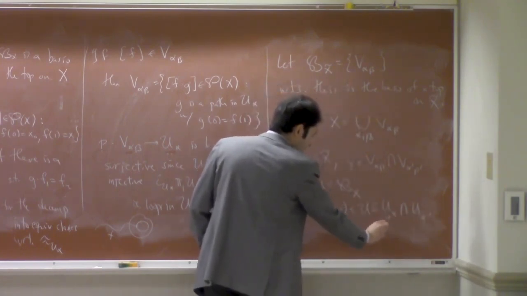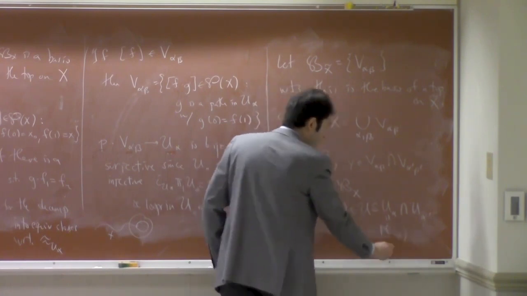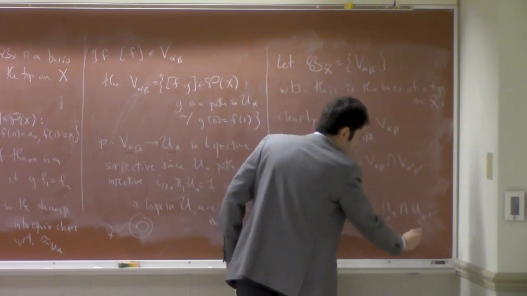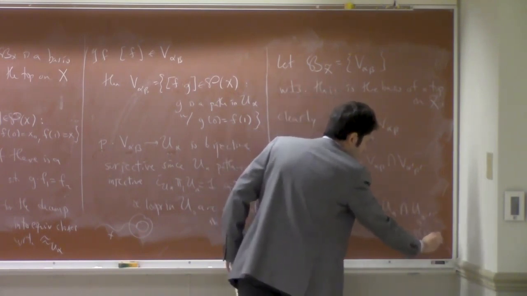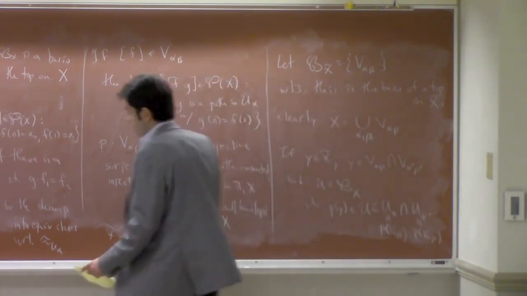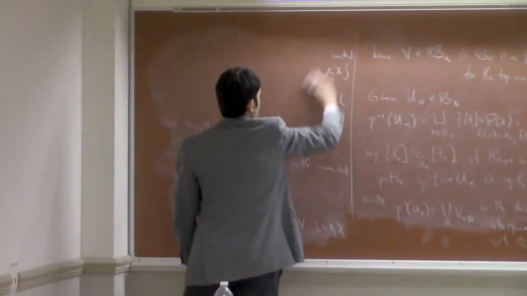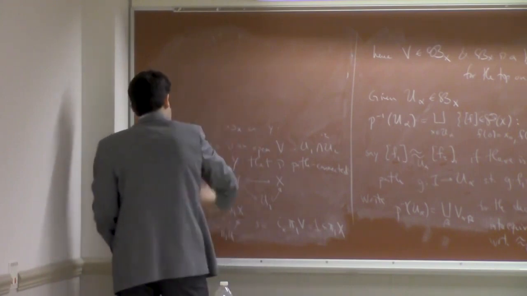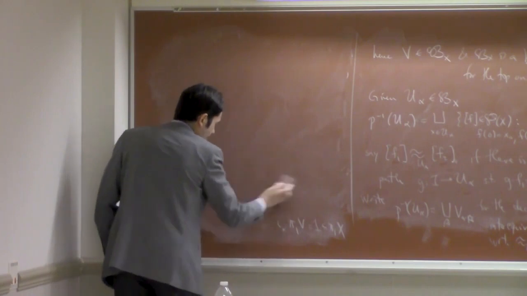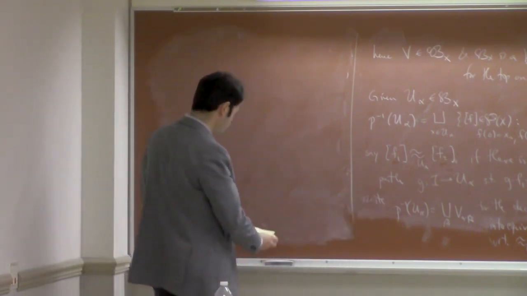But where, of course, U alpha is the projection down of V alpha beta, and U alpha prime is the image of V alpha prime beta prime. Right, so because we know that we have a basis for X, we can find a basis element that sits inside the intersection of these two elements.